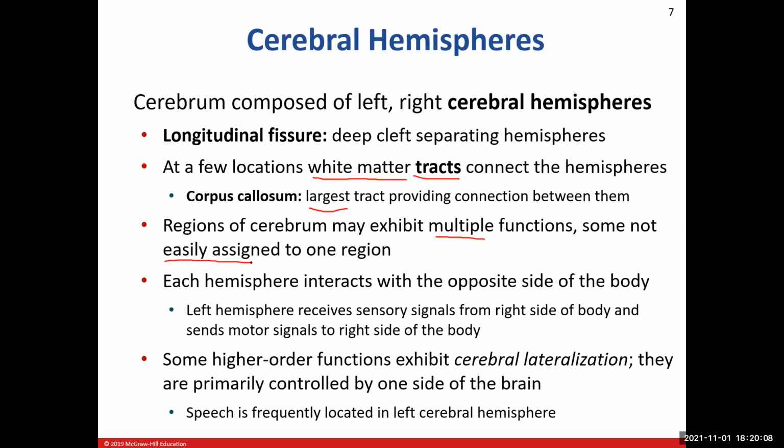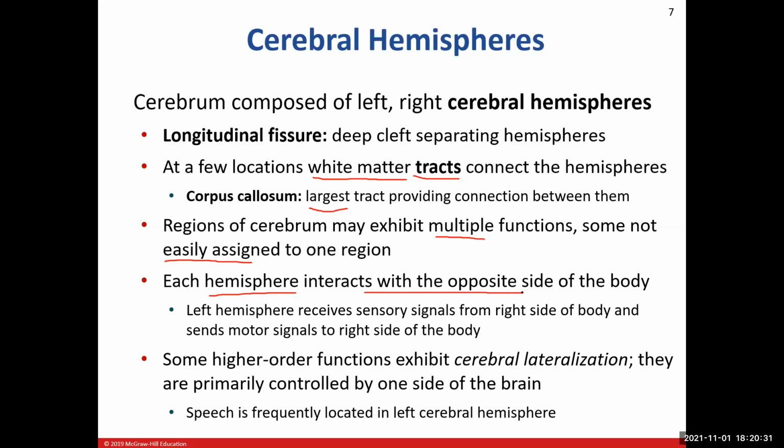All right, so rule number one, each hemisphere is going to interact with the opposite side of the body. So the example given below is the left hemisphere receives sensory signals from the right side of the body and sends motor signals to the right side of the body. And so keep that in mind.